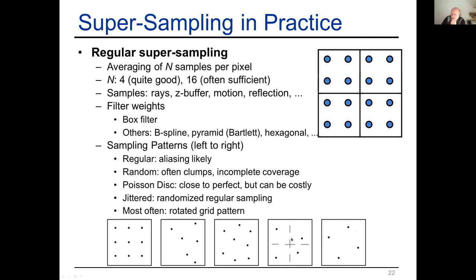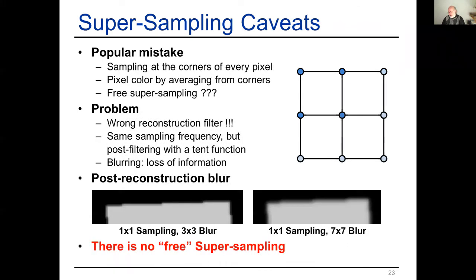Sometimes you cannot randomly do this. So what hardware actually typically does today is these rotated grid patterns. They are regular, but they're rotated with respect to the pixel grid, and so you get better properties. But we don't have time to go really into these techniques in detail here in this lecture.